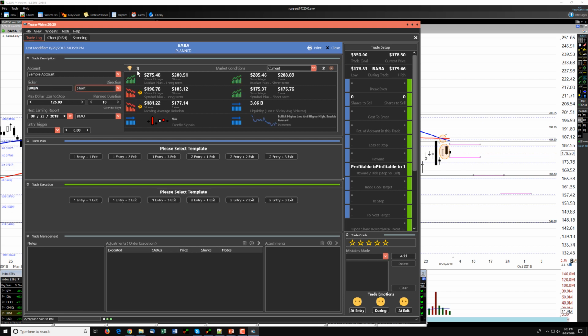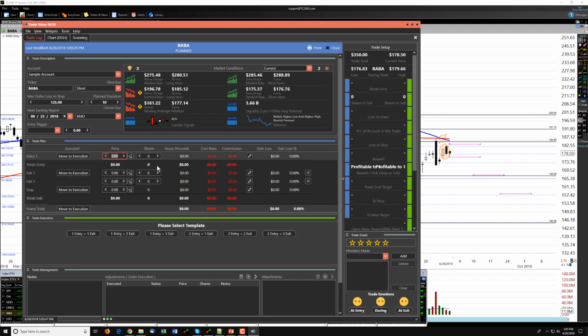Okay, so we're mixed, 3 bullish, 2 bearish signals. We do have earnings out of the way, so we have almost 3 full months. And let's plan it out with 1 entry and 2 exits. Don't know that we'd get there, but let's try it.